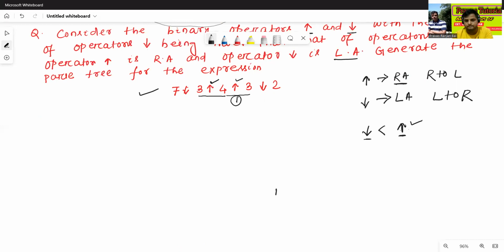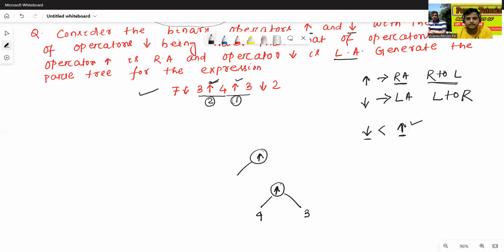This is 4, this is 3, this is 4 and this is 3, right? Then we'll evaluate this part because it moves from right to left. So first we'll evaluate this one, then we'll evaluate this part, right to left.